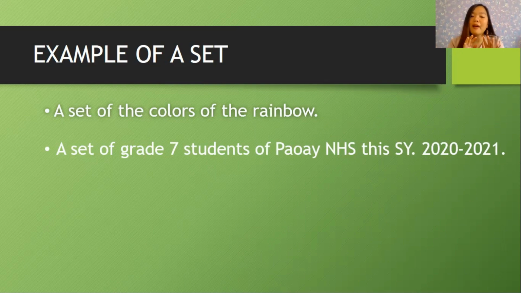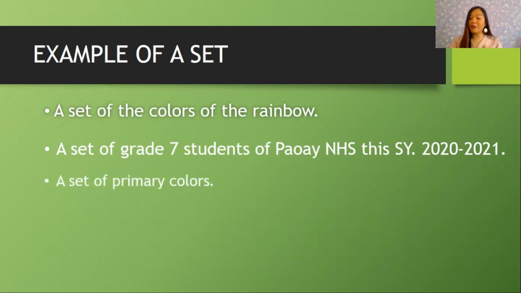But we have their grade 7 students, we have their Paoay National High School, and we have the school year 2020-2021. So, meaning to say, it is well-defined. Mabibilang tayo and we have 279 grade 7 students at Paoay National High School this school year 2020-2021. So, welcome to Paoay National High School, chikitings.